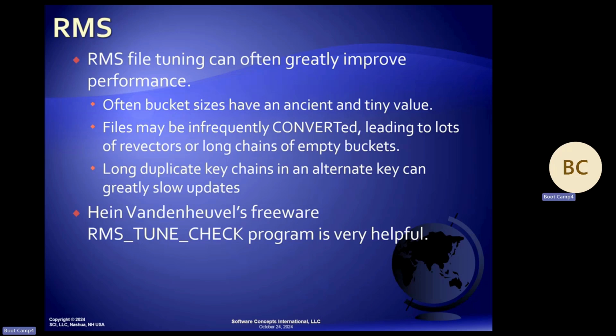Hein van den Heuvel has a freeware program called RMS_TuneCheck, and it's a wonderful tool. It'll give you a lot of warnings about long duplicate key chains, files not being converted, and tiny bucket sizes that result in deep indexes. That's a very useful tool to pick up off the web from the freeware collections.